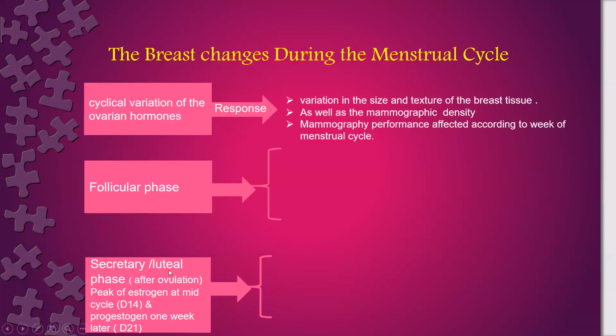Just before ovulation, you have the surge or peak of the estrogen, so the estrogen is at the maximum. And 1 week after, you have the maximum progesterone. So the estrogen and progesterone are at their peak, and they are responsible for gland proliferation and water retention.